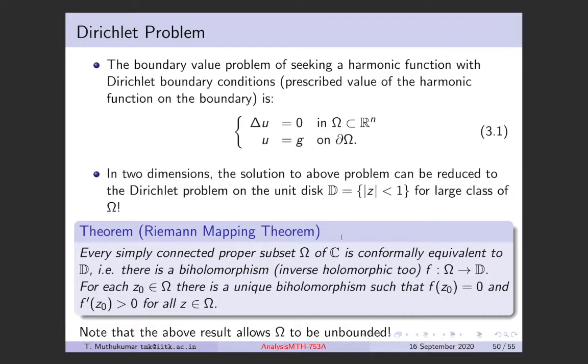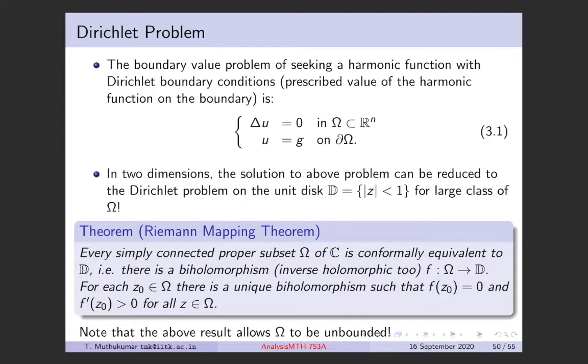And what does the Riemann mapping theorem tell you? It tells you that every simply connected proper subset of the complex plane, let's call it omega, is conformally equivalent to the open unit disk.